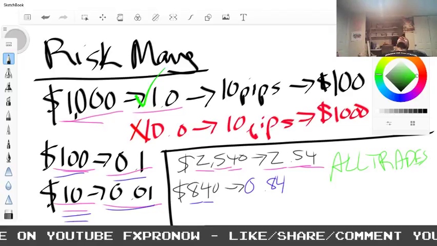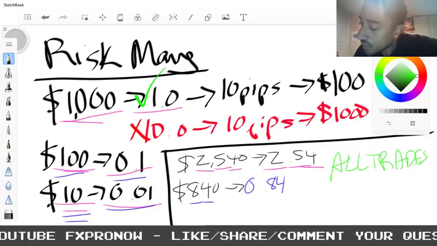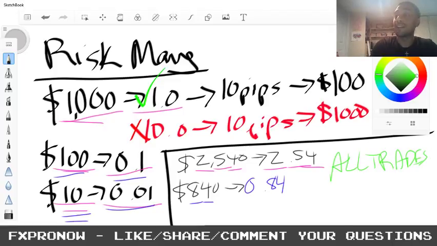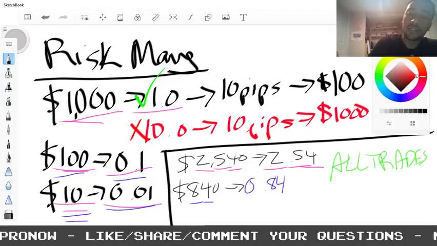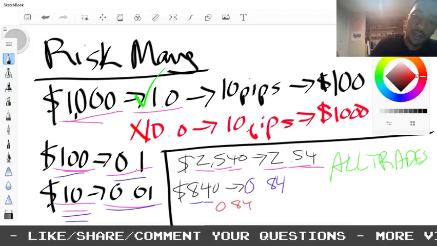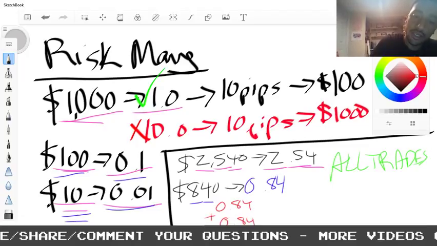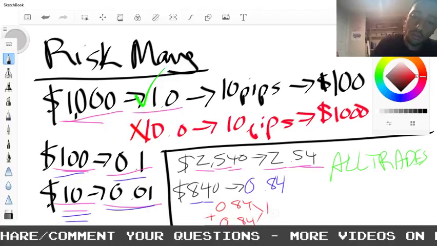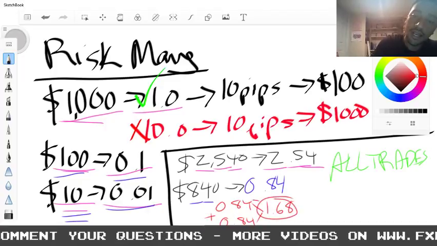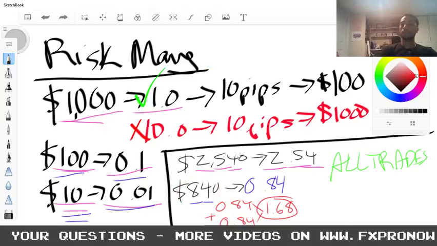So, with that being the case, if we got into two separate trades and we did both of them at the highest lot size that you should do, then essentially you're getting in at a 0.84 and a 0.84. When you add those together, those equal 1.68. That is too high for that balance. Would you agree?